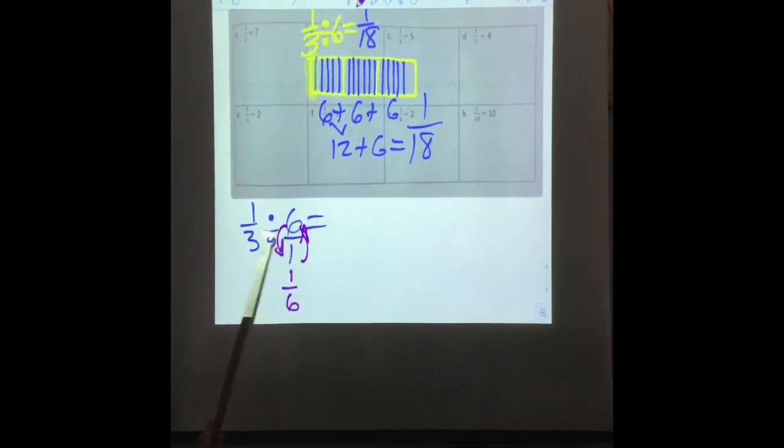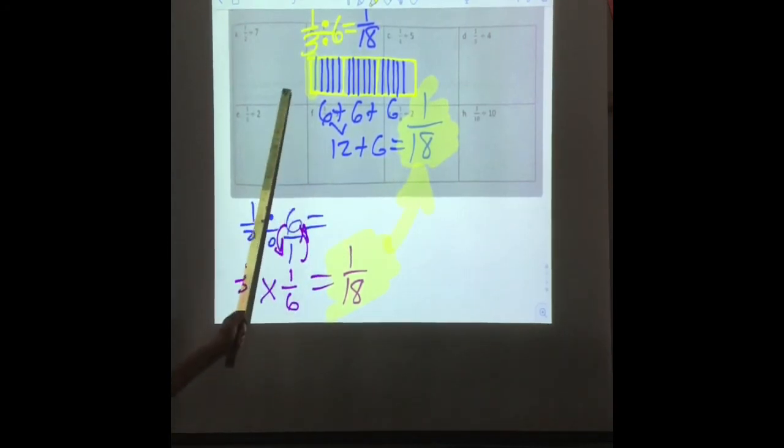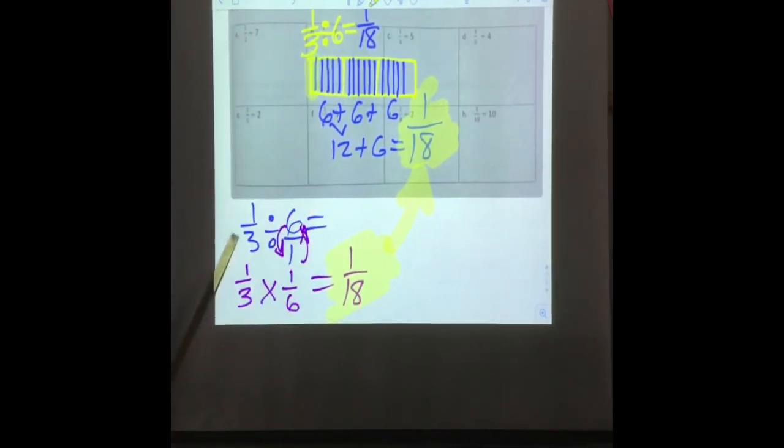When we flip this over, we flip our sign to the opposite, which is multiply, and 1/3. 1 times 1 is 1, and 6 times 3 is 18. Is this the same as that? Yes, it is. So as you can tell, we've done a great job on our drawing, and we proved it by doing the algorithm.